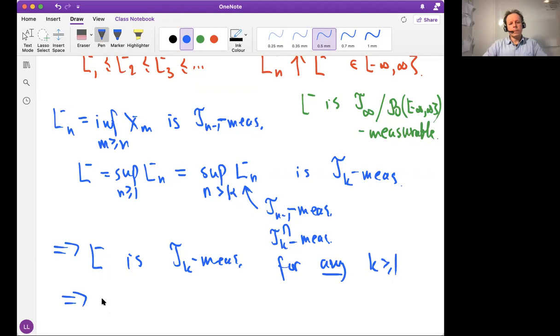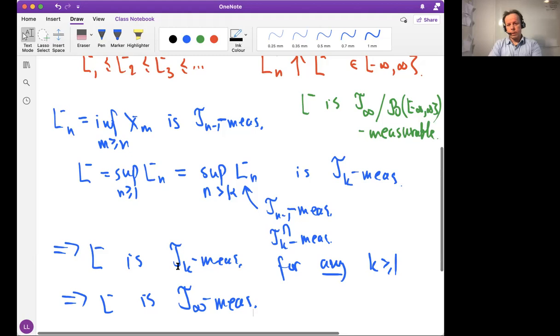So that's why this L minus is also measurable with respect to the intersection. We can take the intersection of these, and that is the tail sigma algebra. A little bit complicated thinking because we had to work with sigma algebras and stuff, but the final conclusion is that the liminf is measurable with respect to this tail sigma algebra.